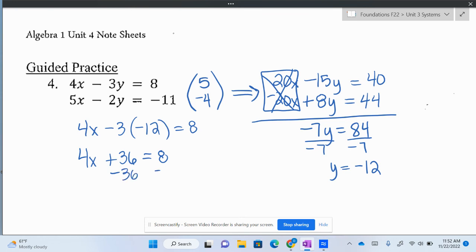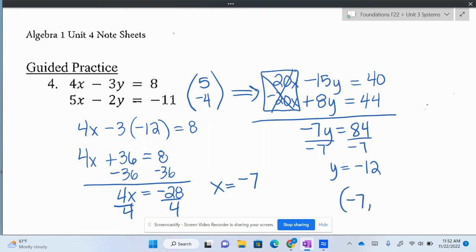Subtract 36 from both sides. 4x equals negative 28. And then I'm going to divide both sides by 4. So my solution is negative 7, negative 12.